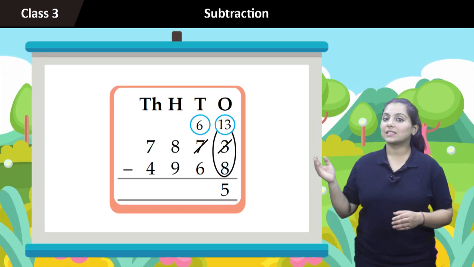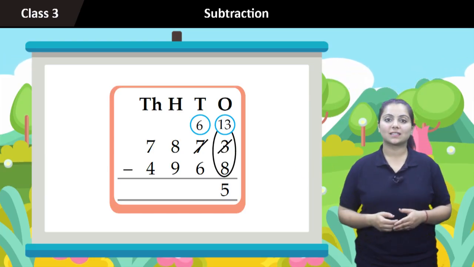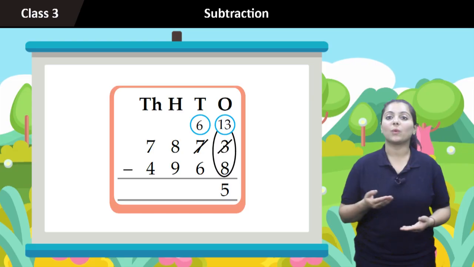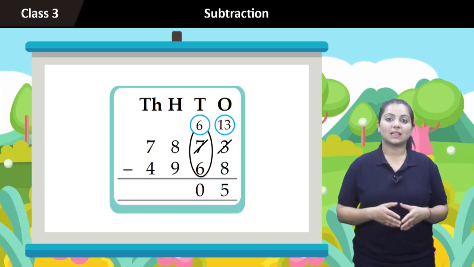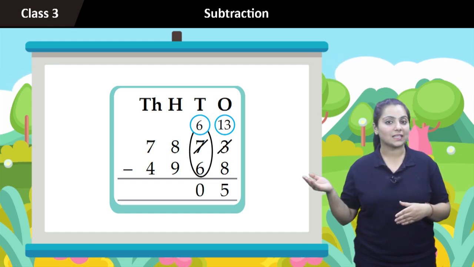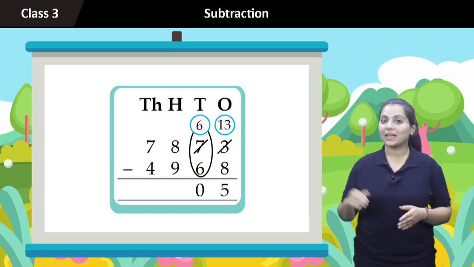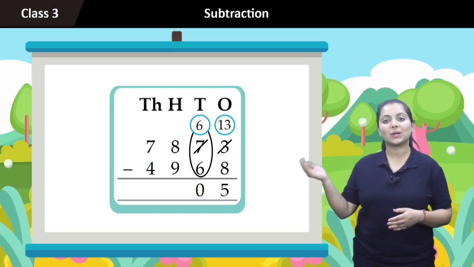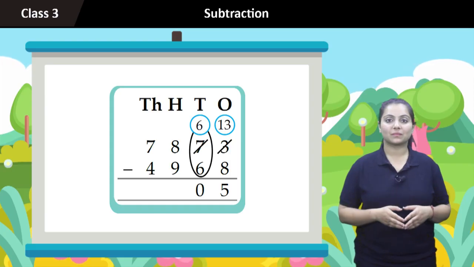Now 13 ones minus 8 ones is equal to 5 ones. Write 5 under the ones column. Subtract the tens. In the tens column, 7 tens become 6 tens after borrowing. Now 6 tens minus 6 tens is equal to 0. Write 0 under the tens column.